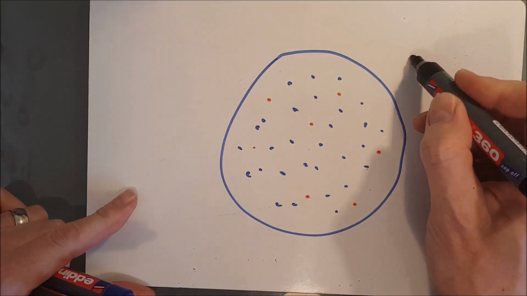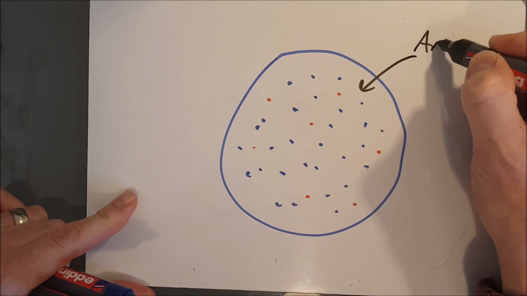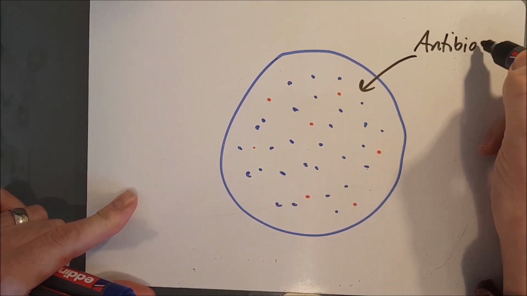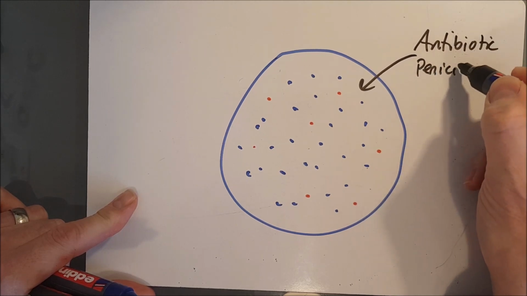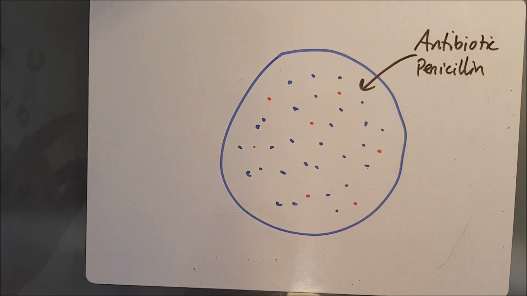Okay, but if we start using an antibiotic, such as penicillin, or it could be something like streptomycin or erythromycin, whatever it is, we add that into the environment, so maybe we've added it into the agar in our petri dish.